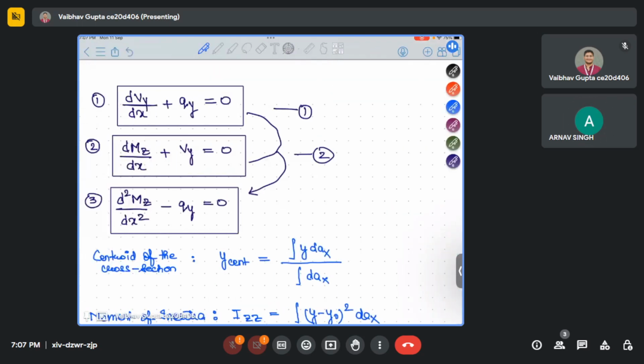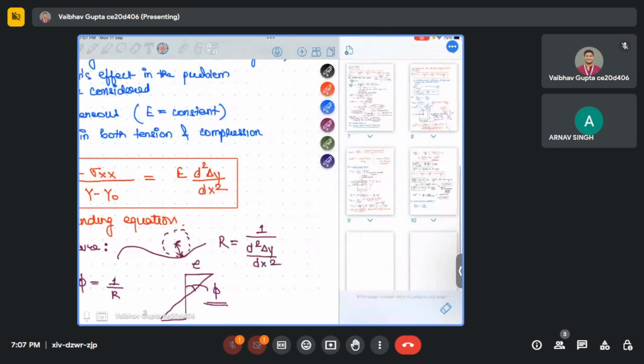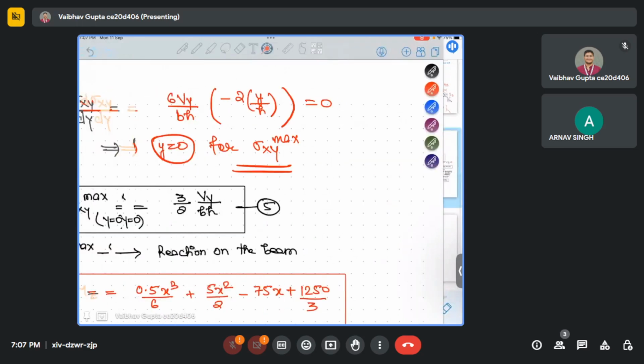This is the beam bending formula. So it's equal to Mz by E Izz.